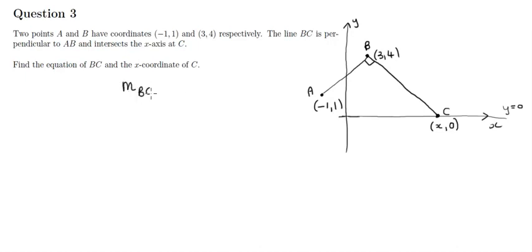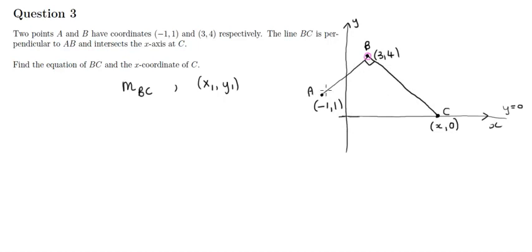So we need the gradient of BC. And then we have to have a point (x1, y1) which lies on the line BC, which we have here as B. So we can use B as a point on this line to get the equation of this line. So the only thing we actually need here is the gradient of BC.